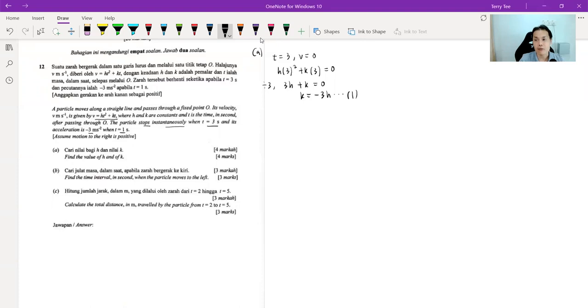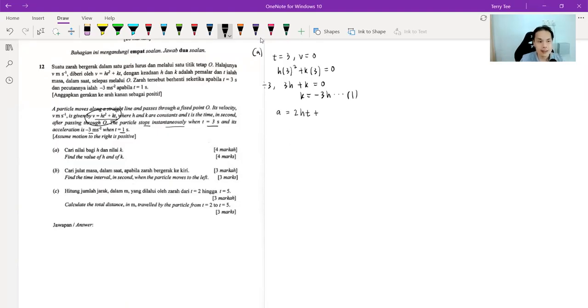k is -3h. Now, to find acceleration from velocity, we can differentiate. We take this function here, v equals ht squared plus kt, and differentiate velocity to get acceleration. Remember, when you differentiate ht power 2, bring the power 2 down, copy your h, copy t, reduce the power by 1, so this is t power 1.